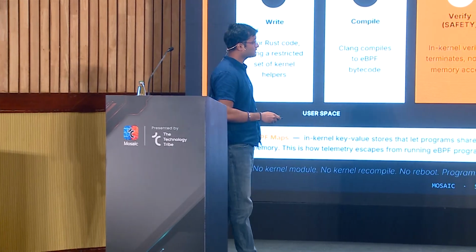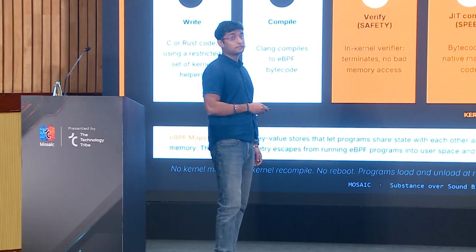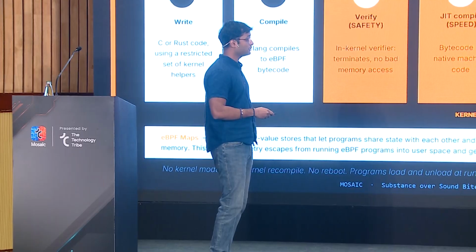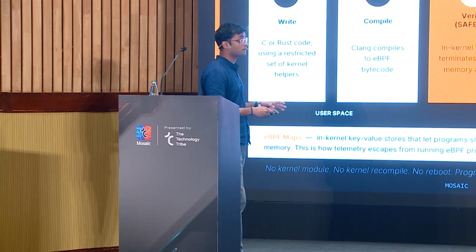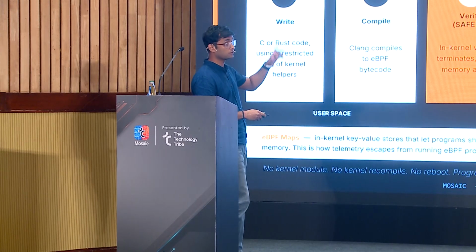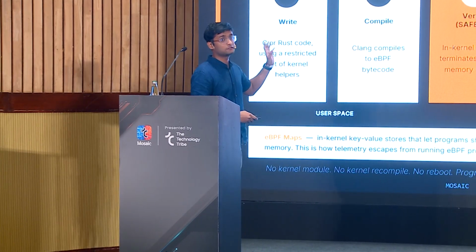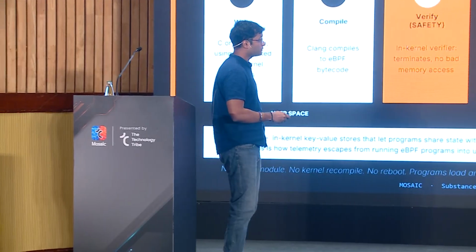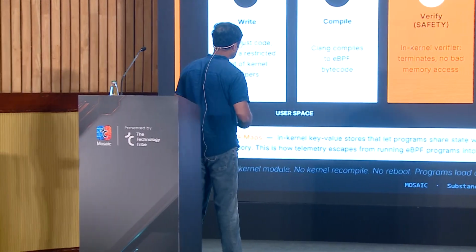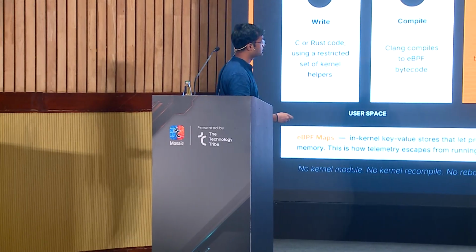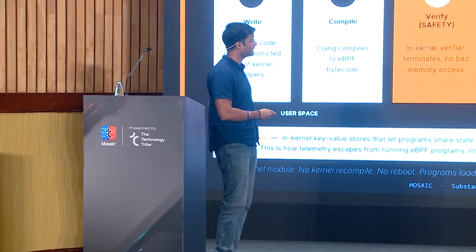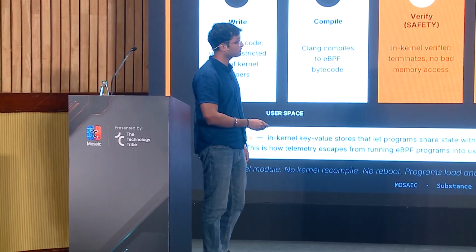You do connection tracking or telemetry recording from your eBPF program, writing into maps, which can be read or written from user space. Let's say you have a controller, which we'll talk about later, but this is where eBPF maps come into the picture. So this is the user space where you write and compile. The kernel space handles verification, compilation again, and then attachment, and then you can observe from the user space.